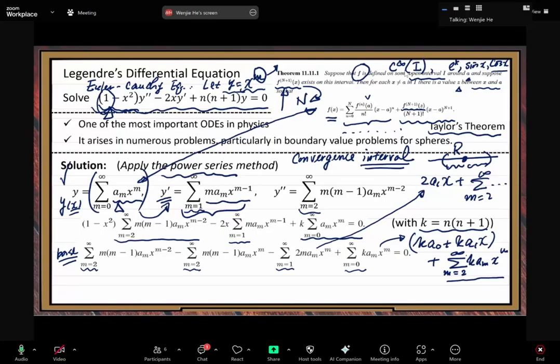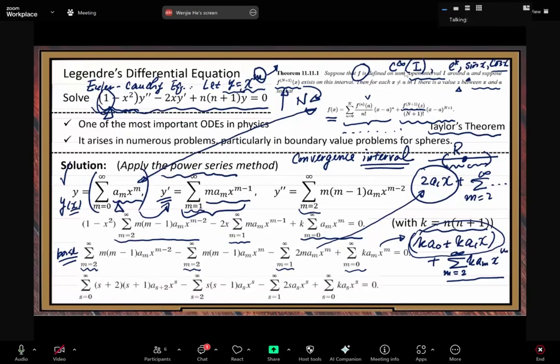So you can see we take out one term from the derivative term and 2 terms from the non-derivative term, the original function term. This is the typical way we do the calculation. We separate like this.